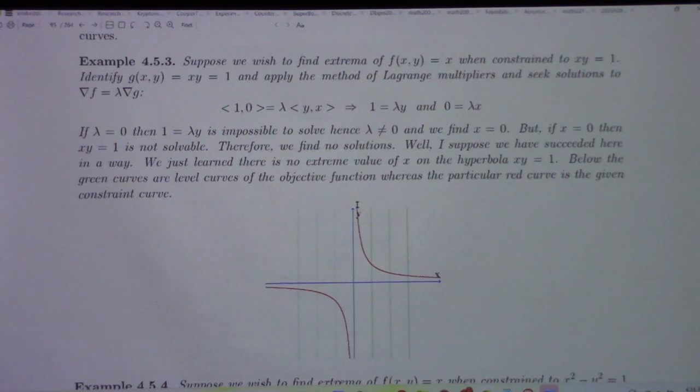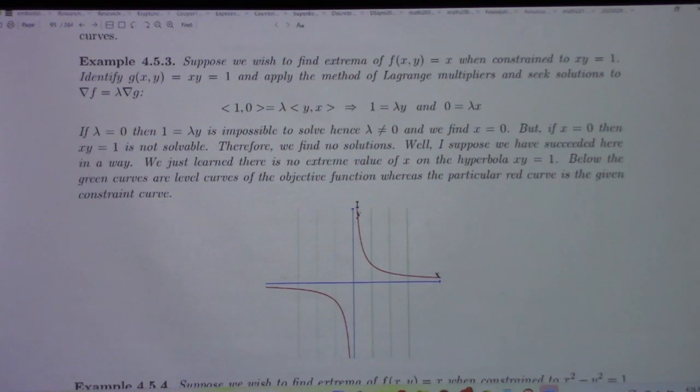It's kind of an interesting example in some sense. In another sense, I should just cut it out of my notes because it's wasting my time. But maybe it's a useful tale, because what it shows us is sometimes we can set up the Lagrange multiplier equations, find no solutions, and that's just as well because there is no solution to the given problem.